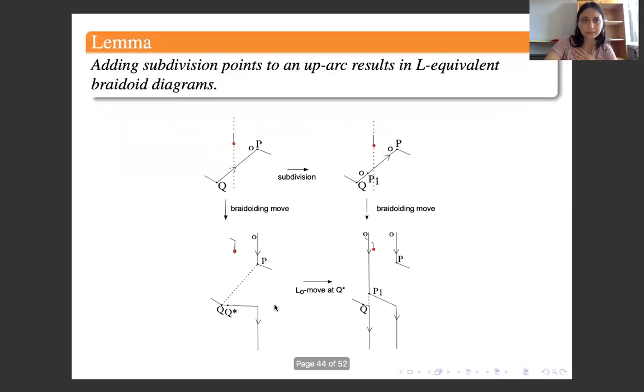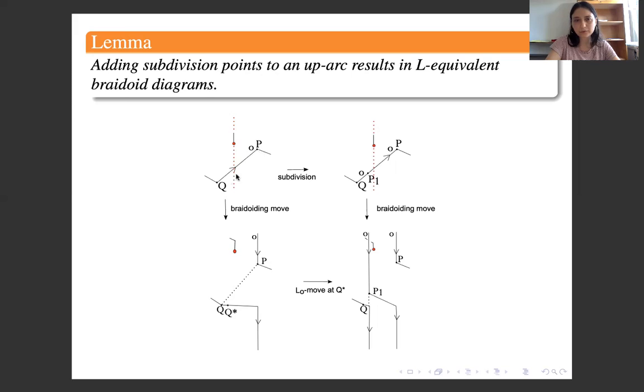So let's start with the lemma. We can easily show that adding subdividing points to the up arcs in a knotoid diagram results in L equivalent braidoid diagrams.